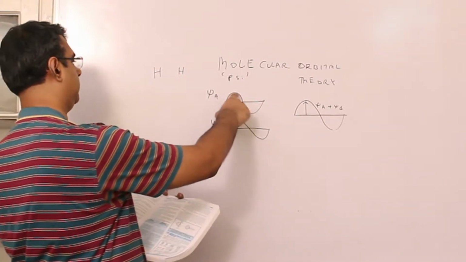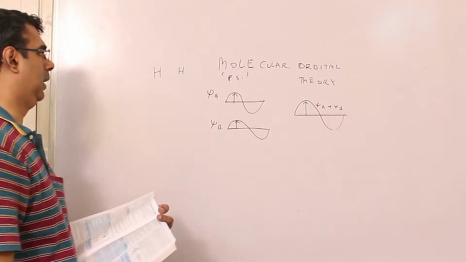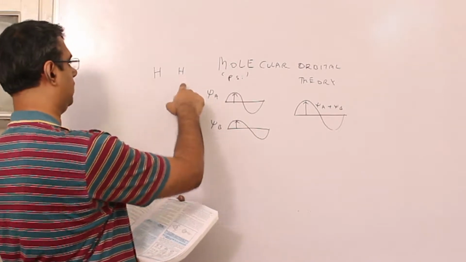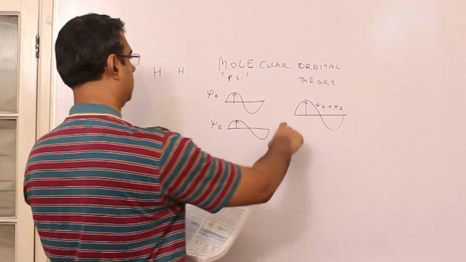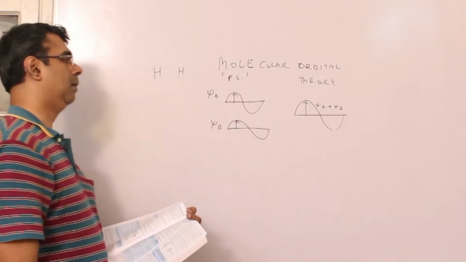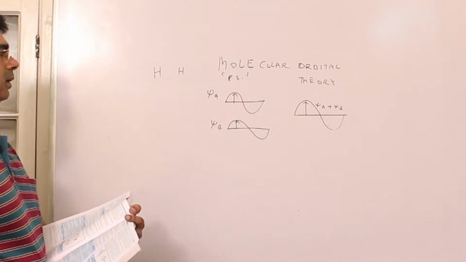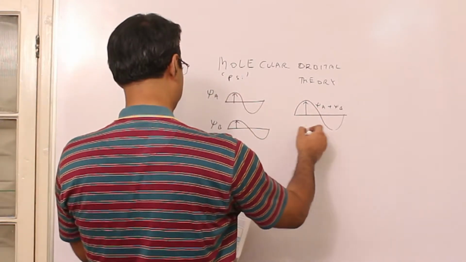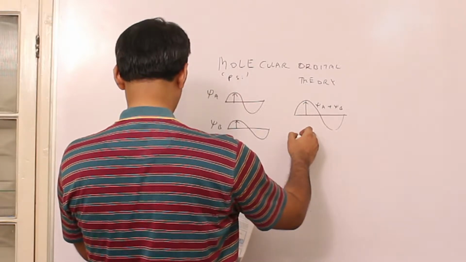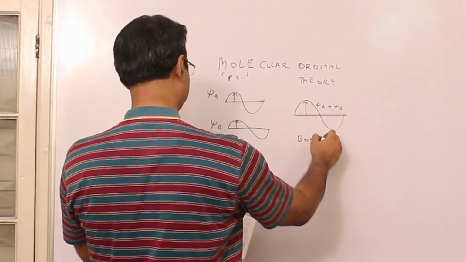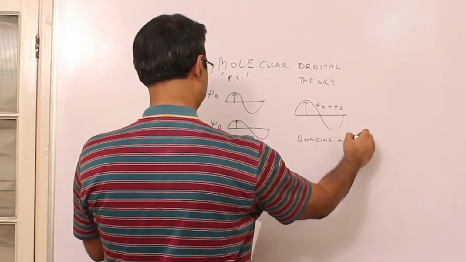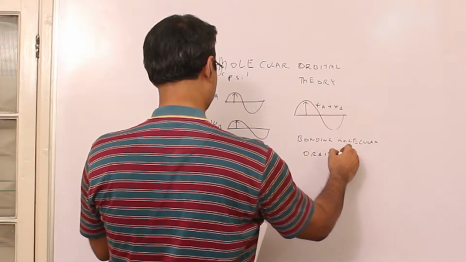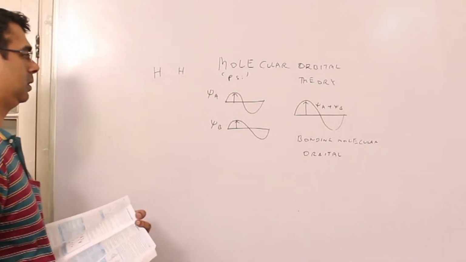This electron wave represents the electron in the orbital of this hydrogen, this one represents the electron in the orbital of this hydrogen, and this we say represents the molecular orbital, the orbital formed by the overlap of the atomic orbitals. Such a molecular orbital is known as a bonding molecular orbital. Bonding molecular orbital is considered to be stable.